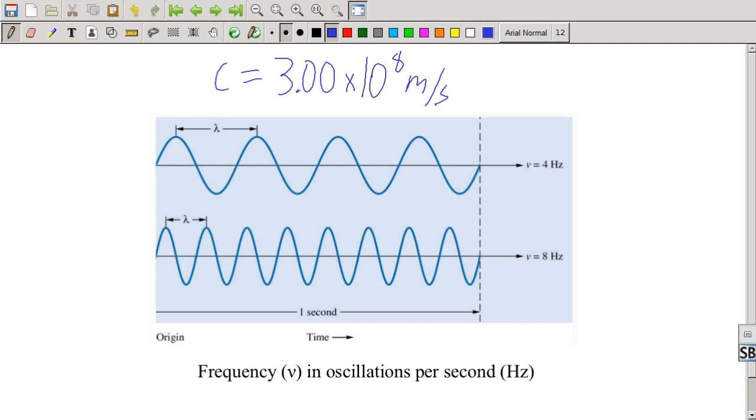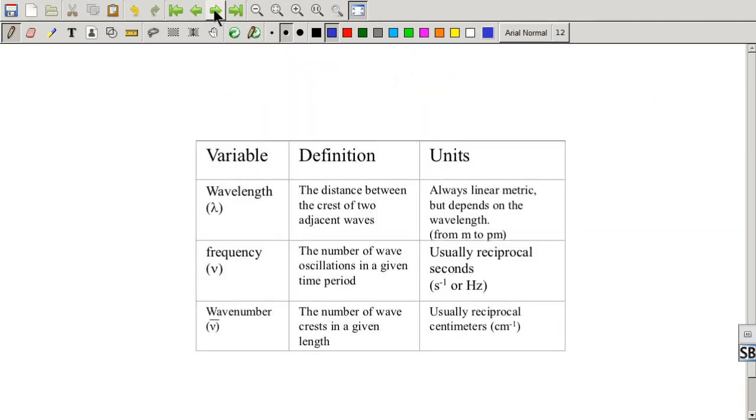So what we're saying is, how many oscillations does a photon go through to travel this distance? That's what we define as frequency. We often denote that in reciprocal seconds. A lot of times we talk about the frequency of photons in hertz, but the easiest way to think about it is this: the units are per second. How many oscillations per second, technically?